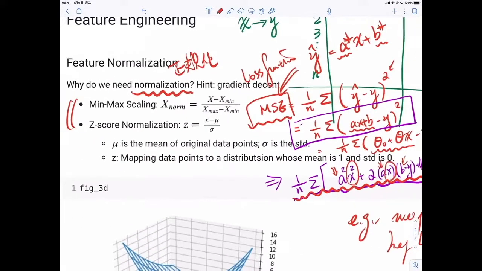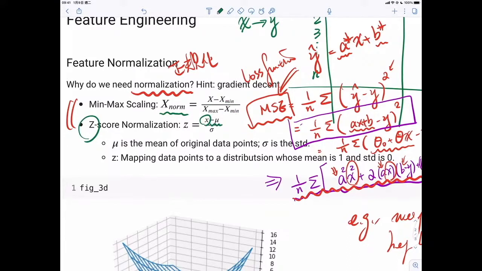So one of the ways is min-max scaling. You simply subtract the minimum value and divide by your range, which is defined by your max value and your minimum value. So you get a normalized X. I believe you're familiar with such scaling when you learn some statistics concepts. 统计学的时候，这些概念都已经教过了。The other one is z-score.